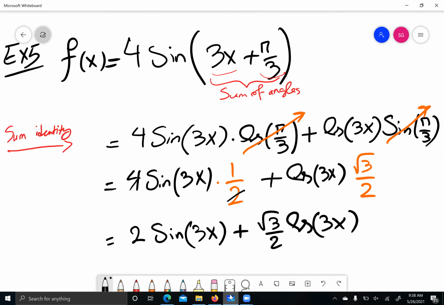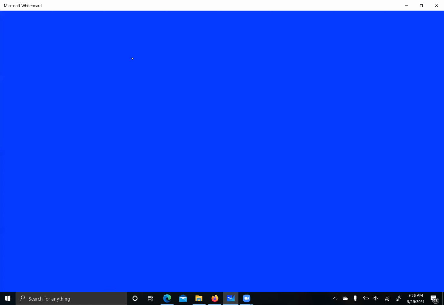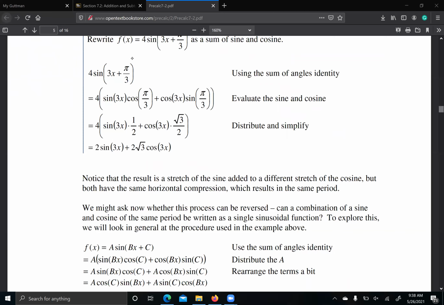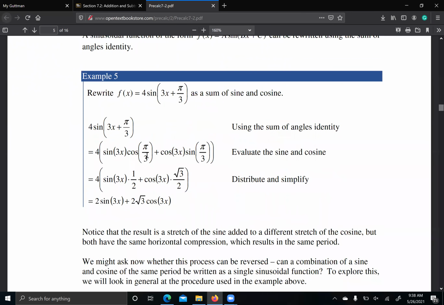Oh, I forgot this 4. I'm sorry, this 4 needs to multiply each one of these terms of the summation. So when you multiply by 4, here you get 2, and here you get 2 square root of 3. But my whiteboard is gone.